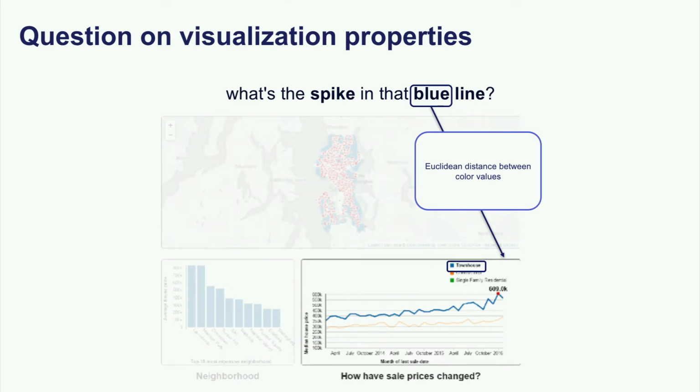So we can compute some sort of semantic similarity between these words so that we can not only highlight the line chart that is in play or the line that is in play, but also show a tooltip with a value explaining what that spike is.